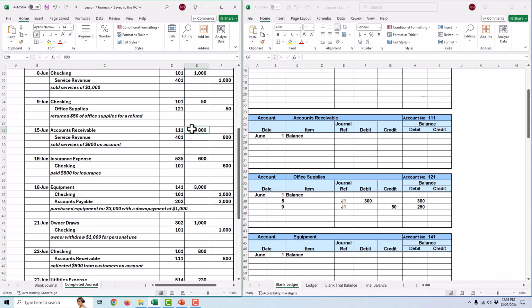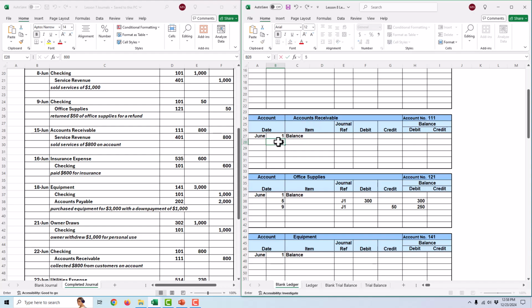The next one was a debit to accounts receivable and a credit to revenue. Here's accounts receivable. I would put in the date, J1 as the reference, and an $800 debit here under the transactions. And then since there's nothing else, there's zero beginning balance and an $800 debit.